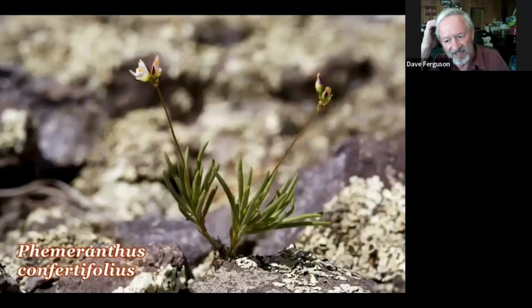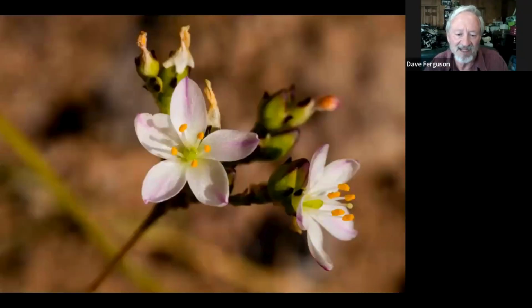And then the distributions, I've never found the two species together, even though I found them only a few miles apart. There probably are places where they grow together. They may even hybridize. If they do, the hybrids would be hard to recognize, but they should be sterile because the chromosome numbers are different. But anyway, notice that there's only 5 stamens here. That's characteristic for this species and Parviflorus. Occasionally, you'll get a couple more stamens.